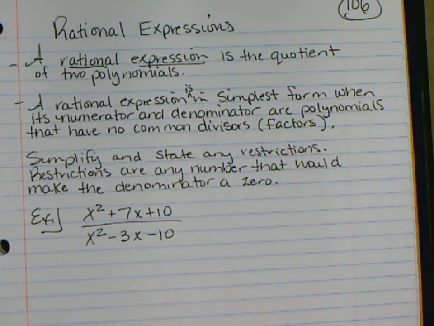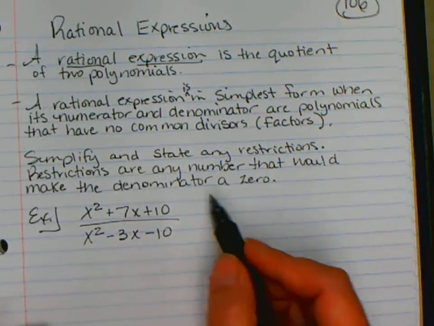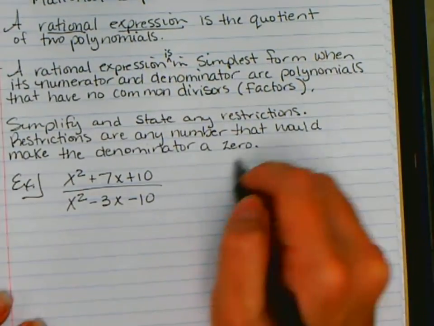You can only cancel out factors that are the same. Okay, so until that's completely factored, do not cancel anything. So basically, I'm going to factor anything that can be factored and cancel what I can, and what's left is your answer. Okay? So let's write a little note.